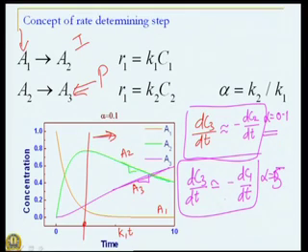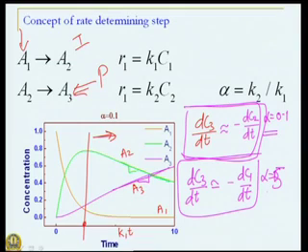What happens when alpha is 5? First reaction is slower than the second reaction. So, in either case, the rate of the reaction is determined by the slower of the two reactions. If the second reaction is slow, the rate of formation of A3 is determined by the second reaction.